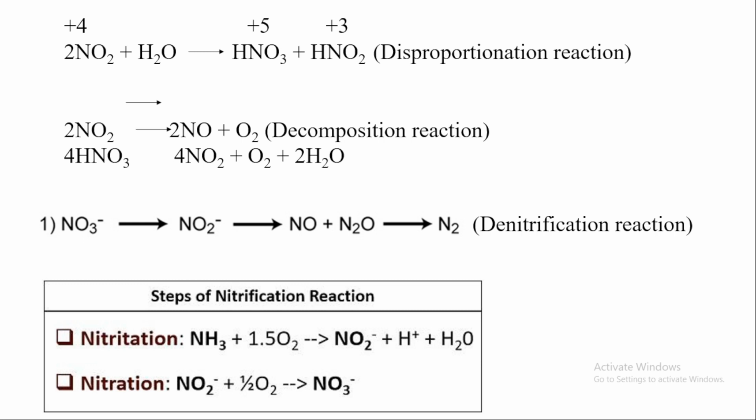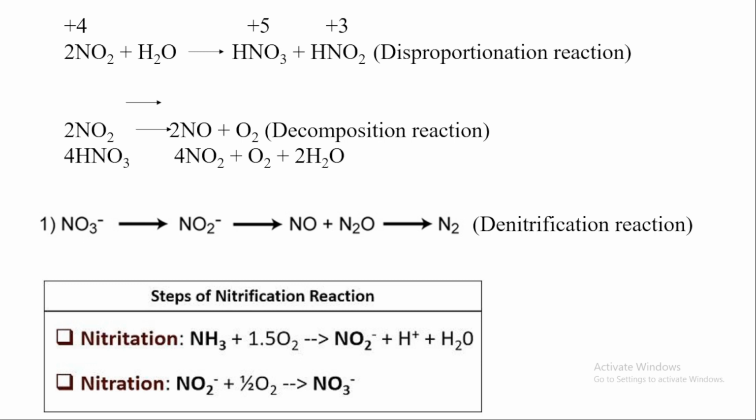So the next reaction is decomposition reaction. In decomposition reaction, you have 2NO2 goes to 2NO plus O2. That means NO2 is decomposing into two forms, one is NO and one is O2.